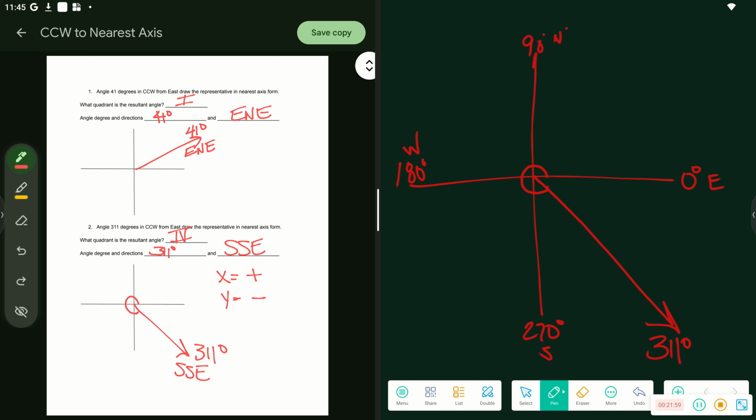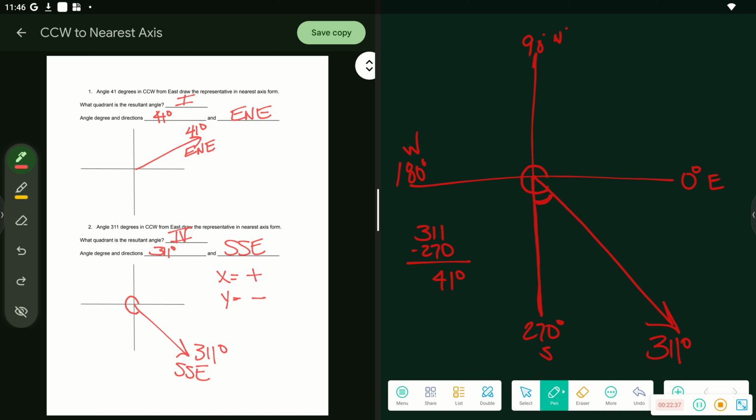Couple other things. Let's look at this. What is the angle from the nearest point? So from 270 to 311, how much is this measure? It's 311 minus 270. So what does that equal? 41 degrees.